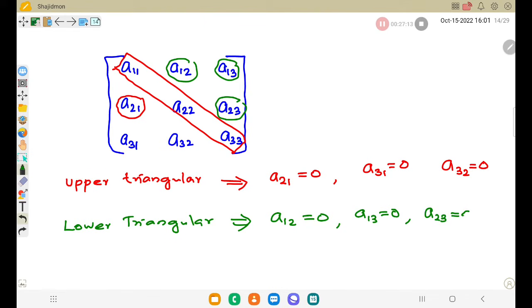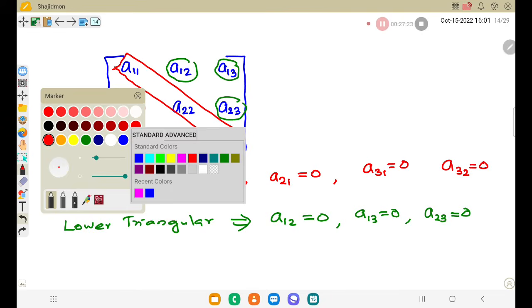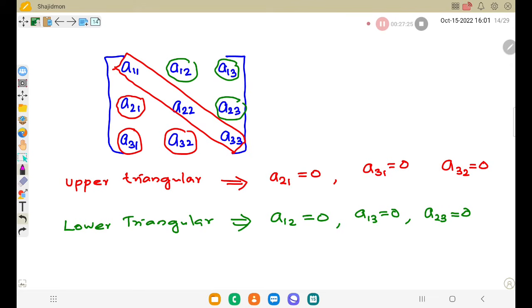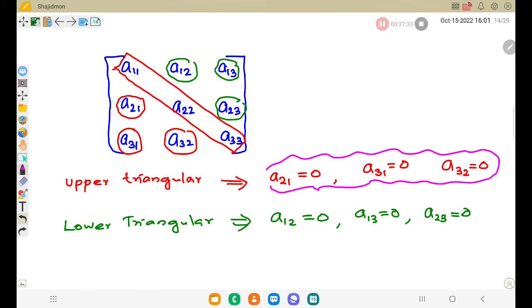A23 equal to 0. These three numbers, correct? So for upper triangular, these three numbers are 0, for lower triangular, the other three numbers are 0. Now we can write a general condition for identifying upper triangular and lower triangular generally. So for example here A21, A31 and A32, correct?